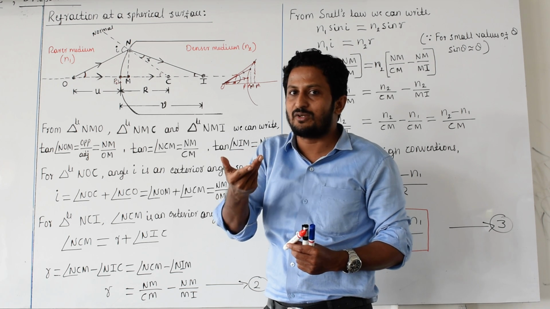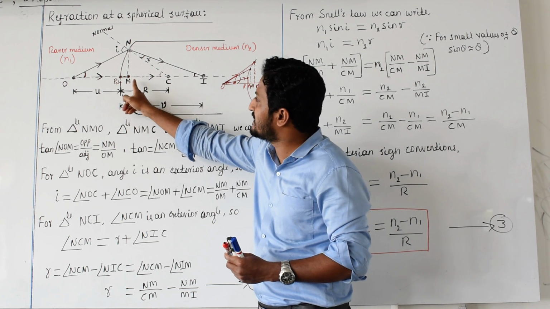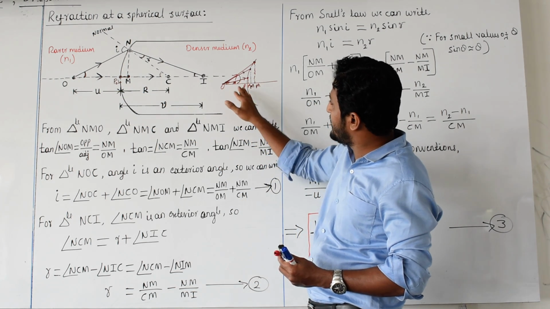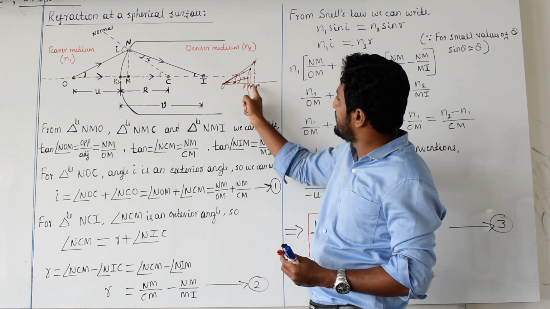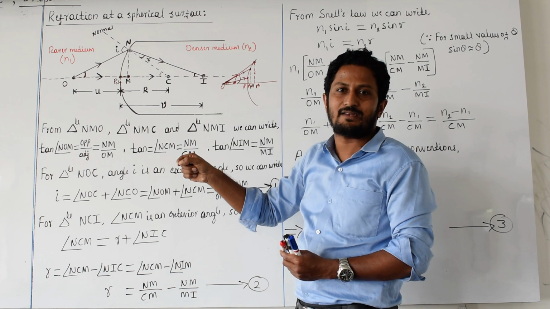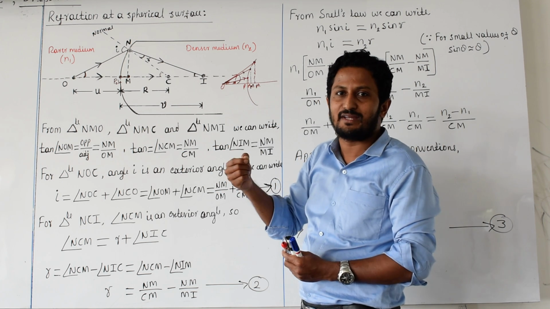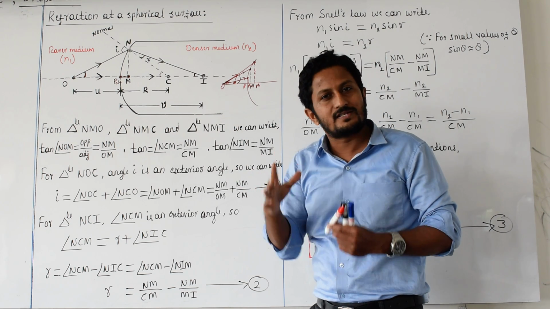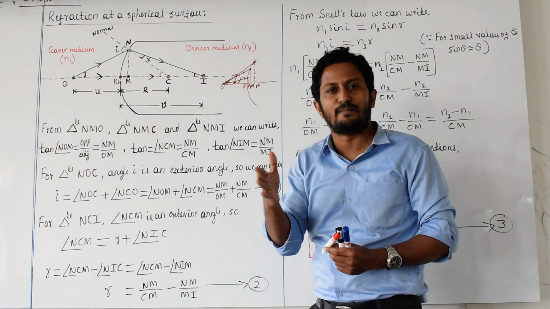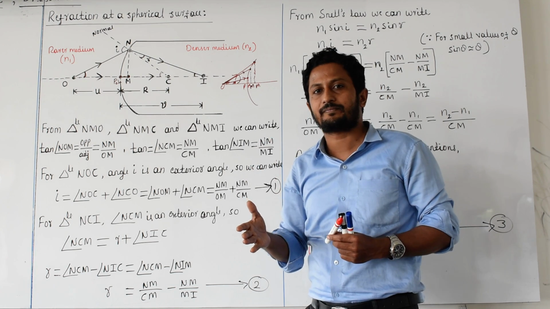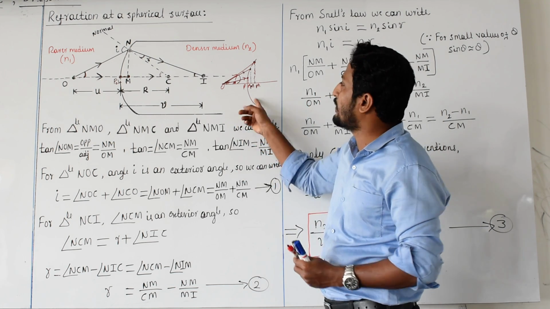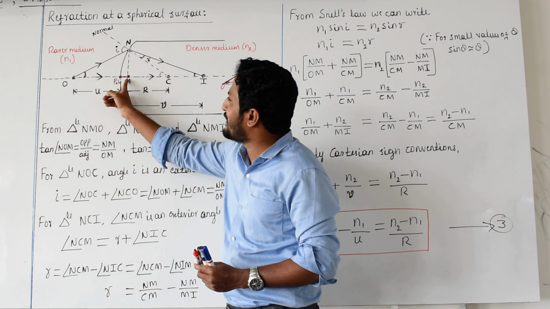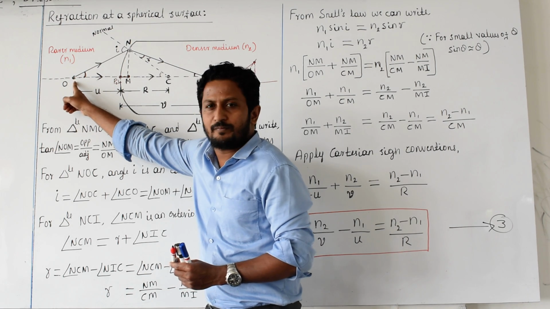For small values of theta, M is nothing but P. As we are decreasing the angle, M is shifting towards the pole point. I mean, for small theta, M and P are the same only. We treat M and P as the same. It's very important.